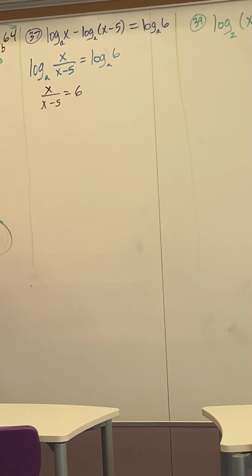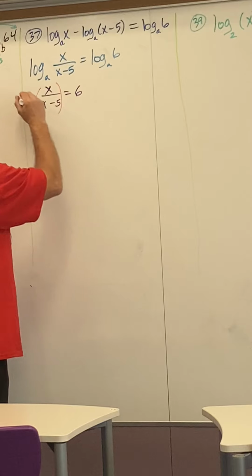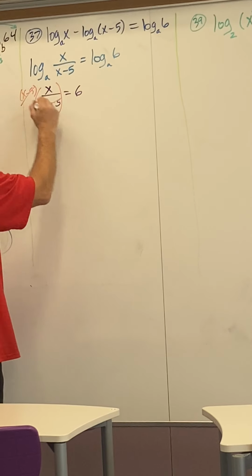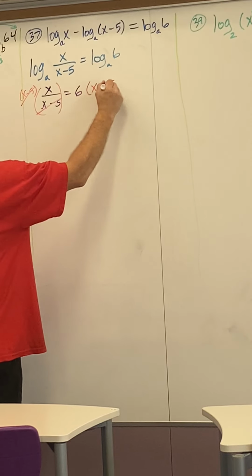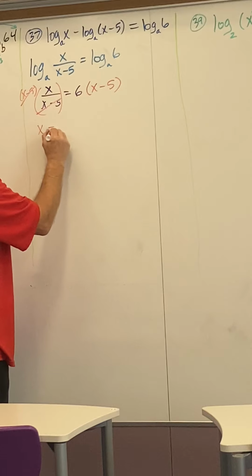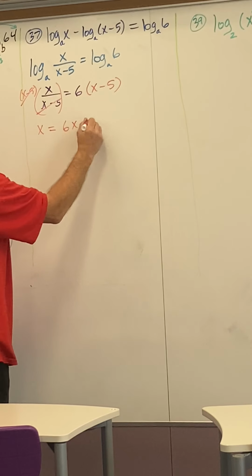Yuck, x minus 5 downstairs, bad. Guess what I do? Multiply and make it go away. If I times this side by x minus 5 to cancel that, I have to also times this side by x minus 5. Now I get x equals 6x minus 30.